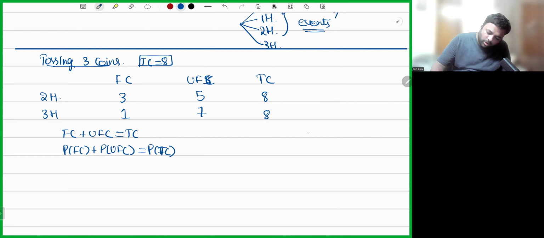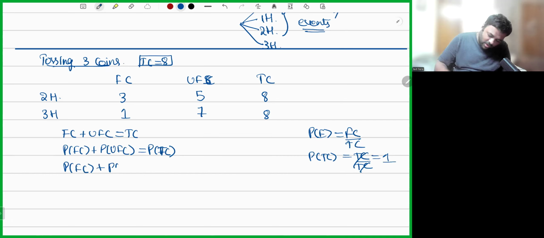What is the formula for probability? Favorable cases by total cases. I am asking what is the probability of total cases. Instead of favorable cases, I'll keep total cases. 1. So probability of favorable case plus probability of unfavorable case will be equal to 1.